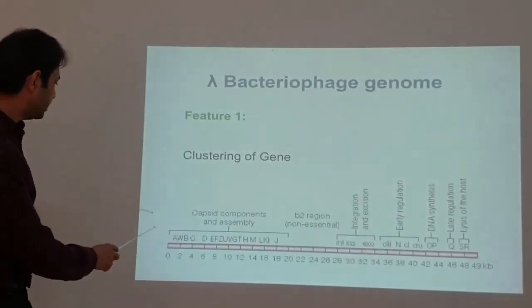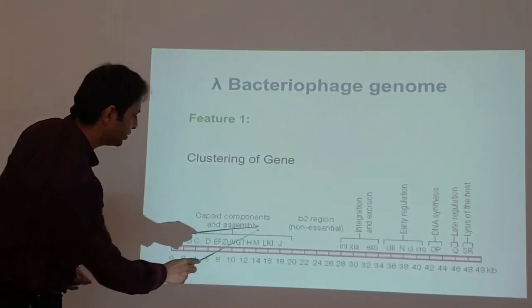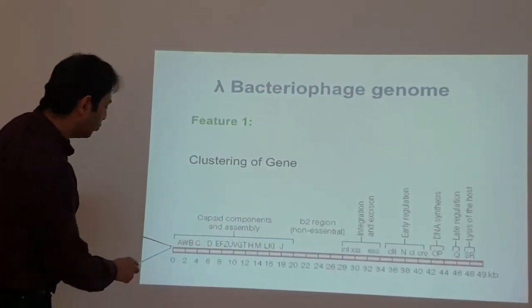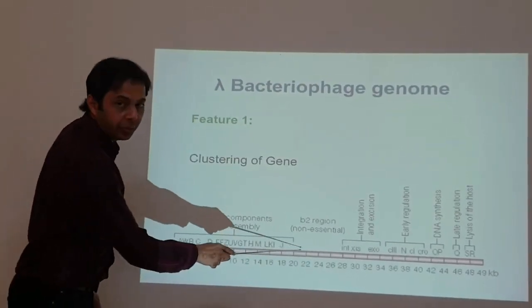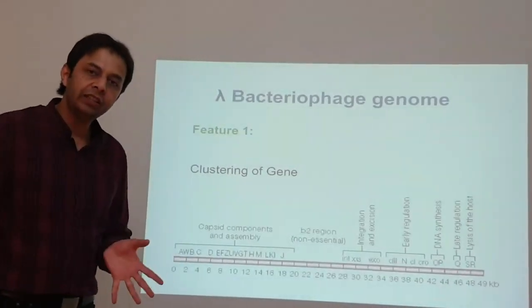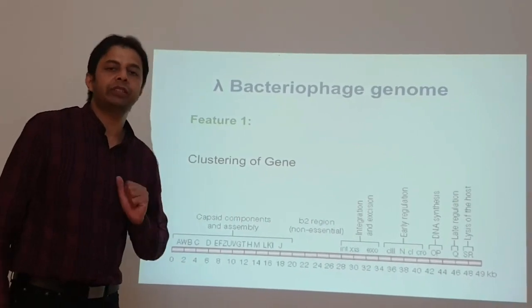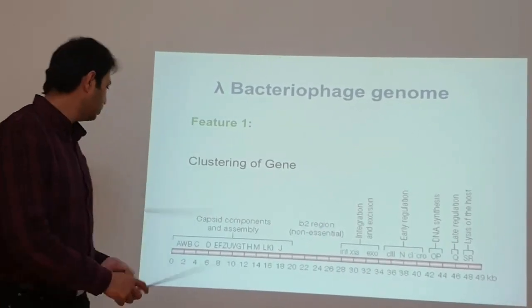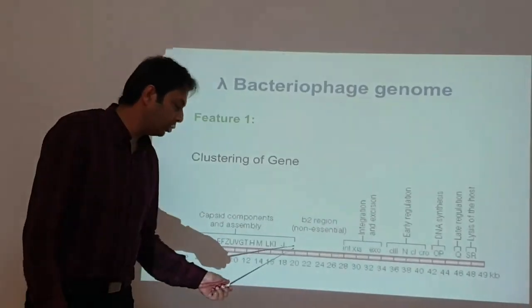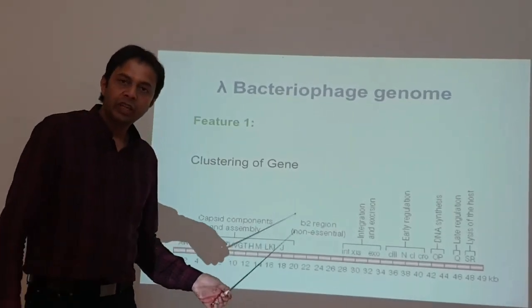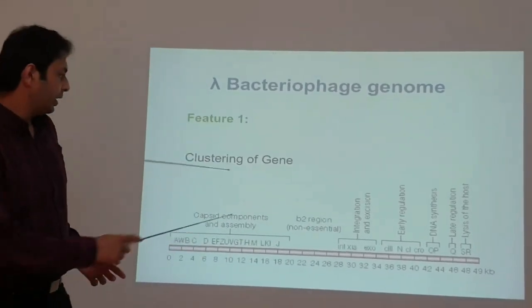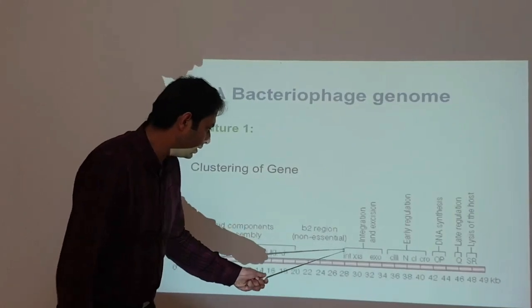From 1 to 21 kb, you can see that all the genes are related to capsid formation. So the first almost 20 kb is related to capsid formation.